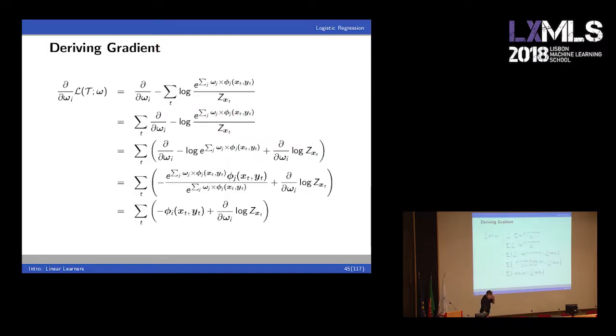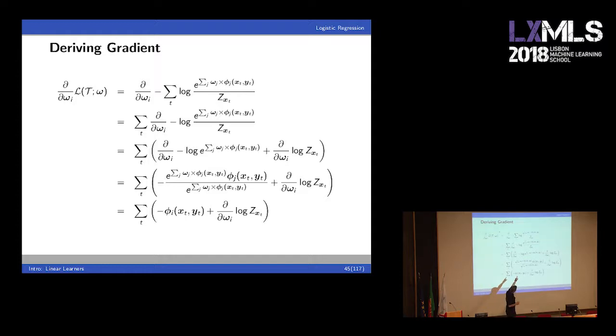So if we take the derivative of this, in the second line, the derivative of a sum is the sum of the derivatives. Then we take the log of the denominator and the numerator separately.